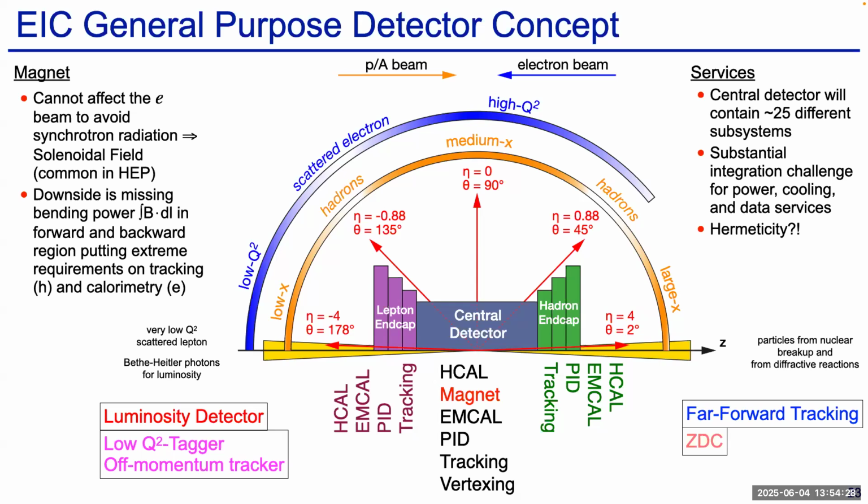In the region around the detector, the electrons will go straight. And you are not using any magnet which bends them in any shape or form. And that leaves only one magnet, namely a solenoidal field. That's all we can do, right? For example, in the forward region, you would love to have a dipole, but that bends the electron.